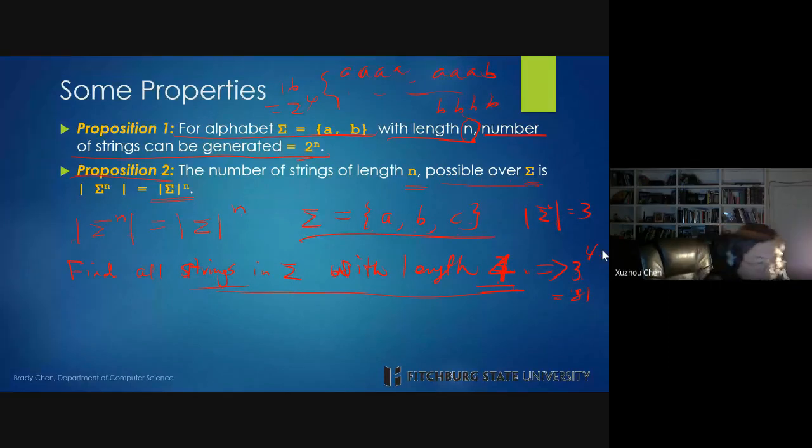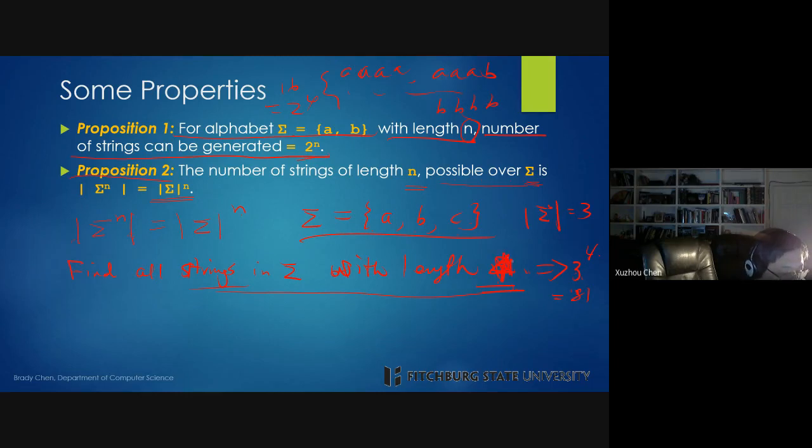Can you believe that? If I want to list all the possible strings, I'm not going to use length 4, because with 81 I would have to list all 81 different combinations.